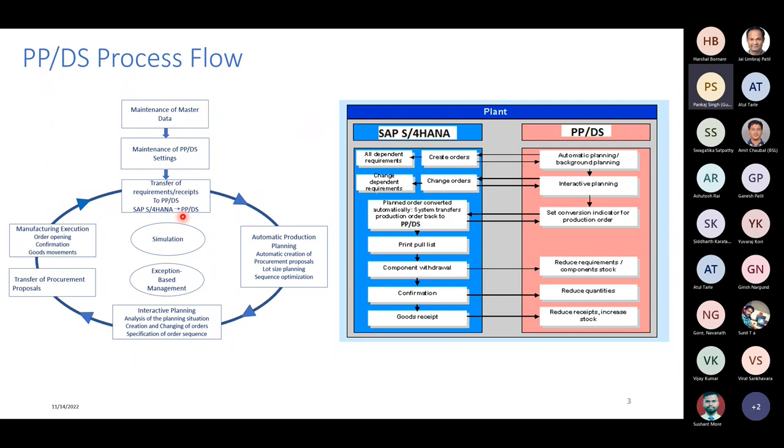That's why within S4 they interact with each other, and hence we use the term transfer of requirements. So from the S4HANA database, all the sales orders, all the existing stock, etc., have to be transferred to the PPDS live cache. Live cache is also one type of memory or database, but that transfer needs to happen. So this is the step where we transfer all this transaction data to PPDS, and then PPDS can run.